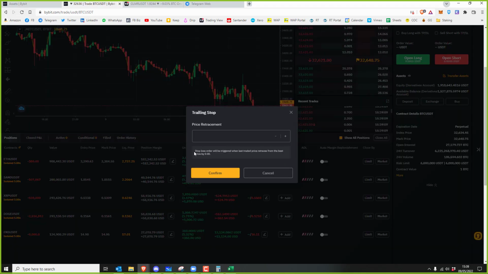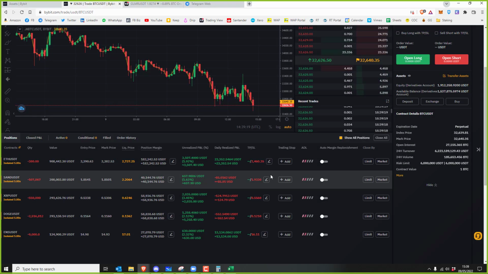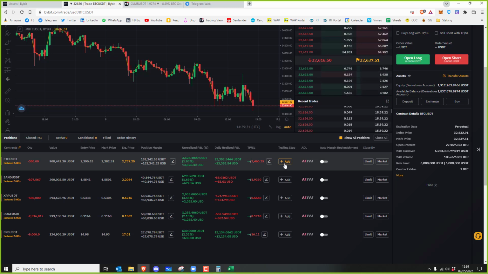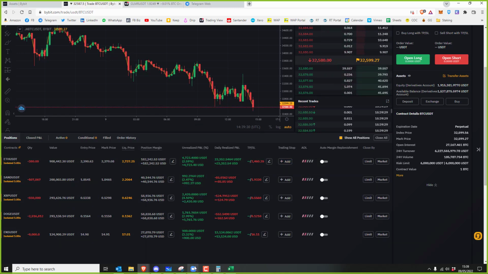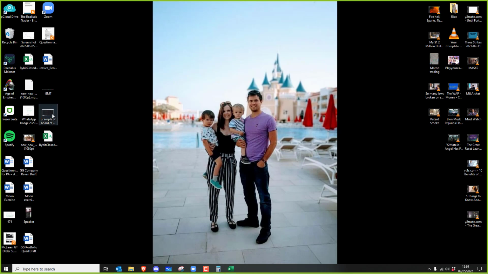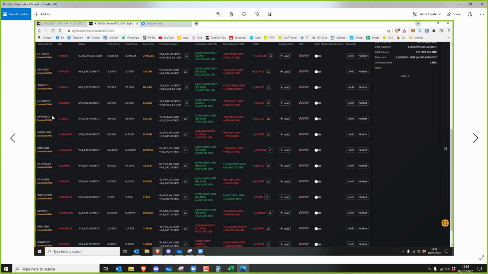As it says, the stop loss will be triggered when the last traded price retraces from the best price. But yeah, it's not good. I prefer a dynamic stop loss, which FXCM has, but even that wasn't too good. It's still frustrating watching this, because as these go in profit, I know I'm missing out on loads of profit from before.